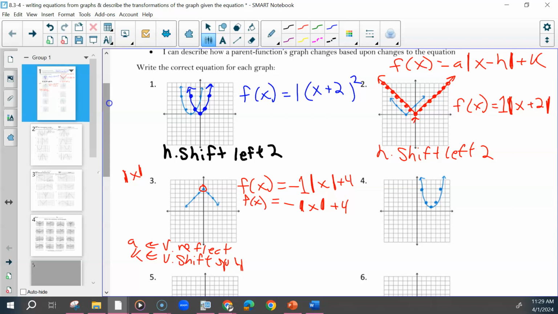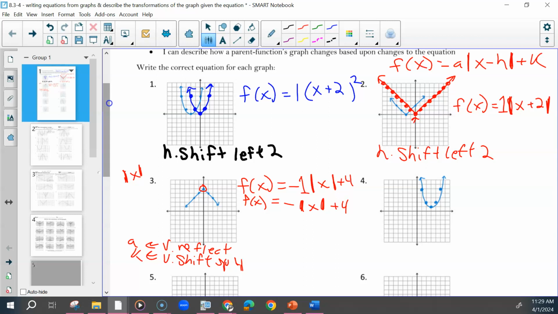Questions so far? Wait, does the -1 mean it's upside down? Yes. The -1 or just the negative out front means it flipped upside down. Does it matter which one you put? Both of these would be right. How would it reflect across the y-axis? What would that mean?